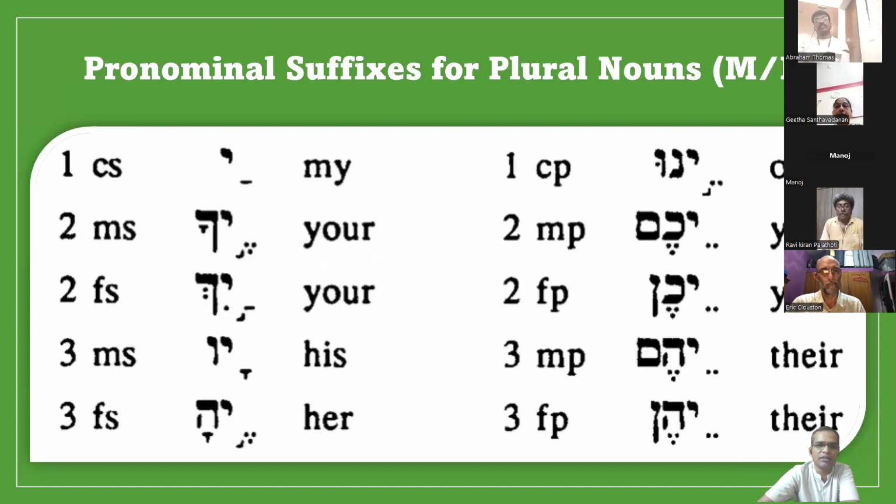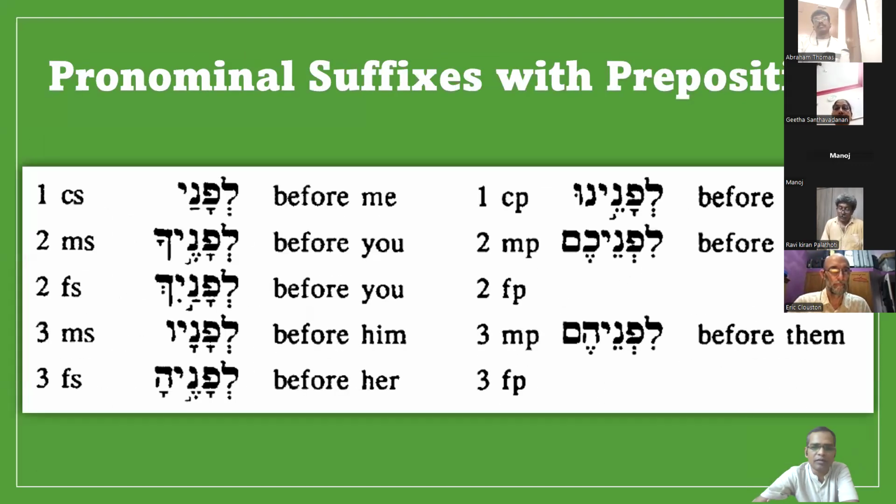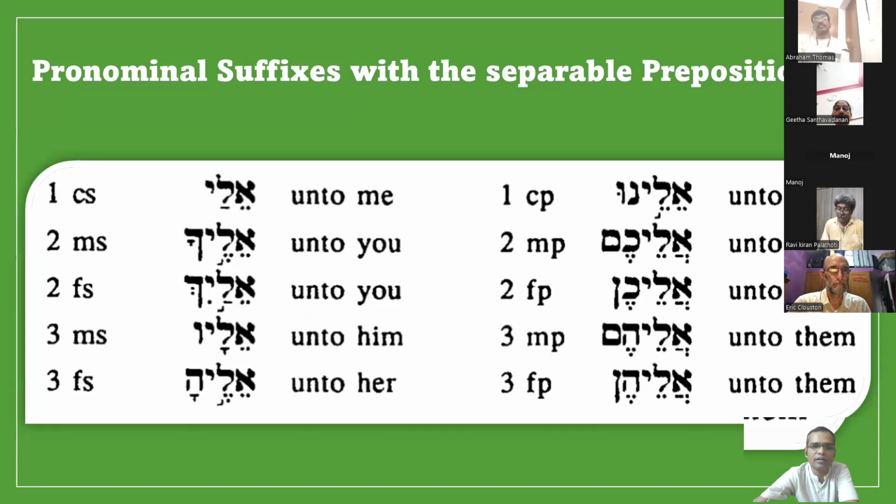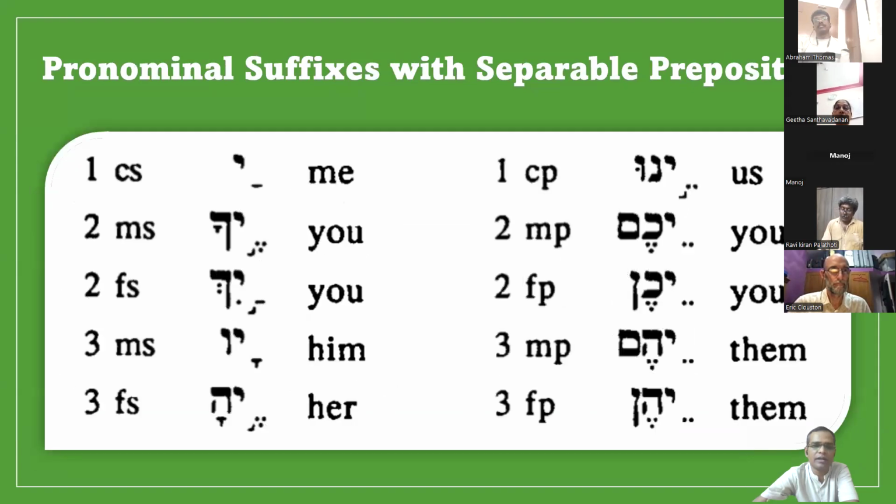Now coming to the pronominal suffixes with plural nouns. I think it is the same. If you remember what we have learned, let me go back. Elai, eleka, elaik, elav, eleha, elenu, alekem, aleken, alehem, alehem.